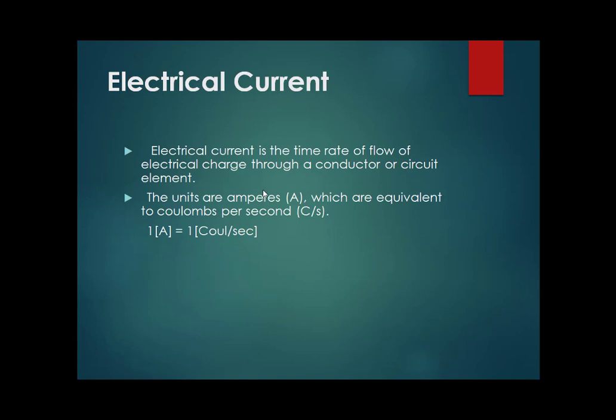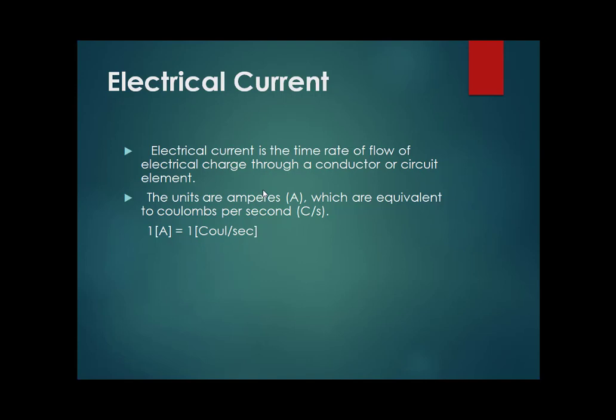Electrical current. The basic simple definition, as you know, is I equals Q by T, which explains the rate of flow of electrical charges, like electrons, through a conductor or through a circuit element which causes a current.